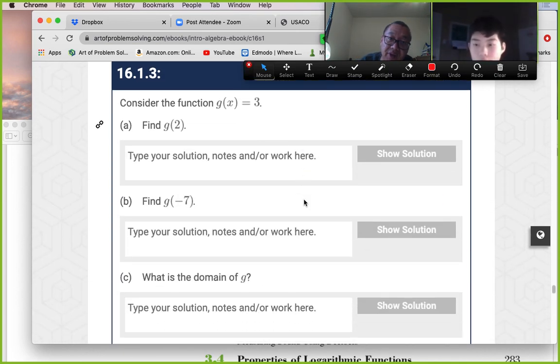Now let's see number 3. Consider the function g of x equals 3. Find g of 2. This one equals what?